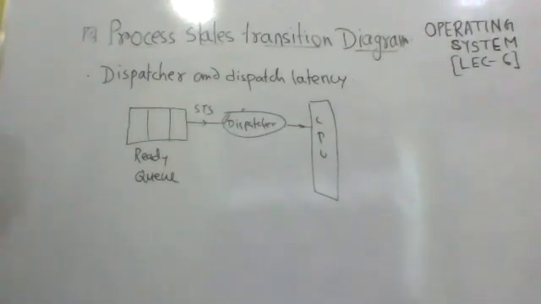So the decision is taken by the short-term scheduler, and the dispatcher actually picks the process from the ready queue and loads it into the CPU.